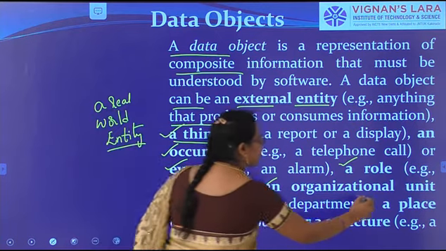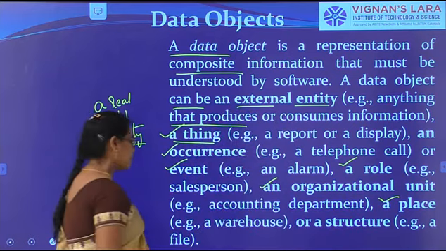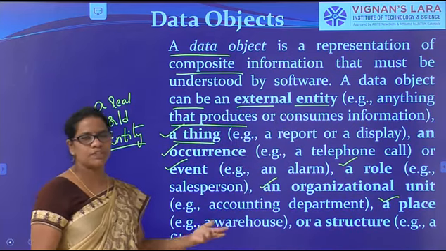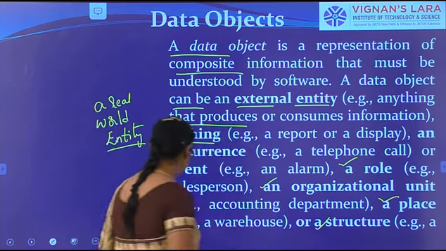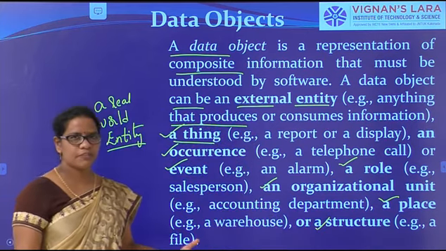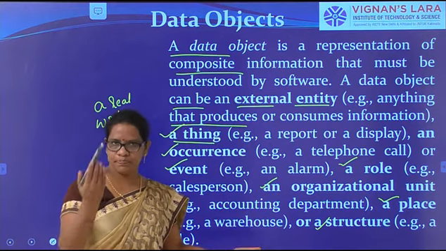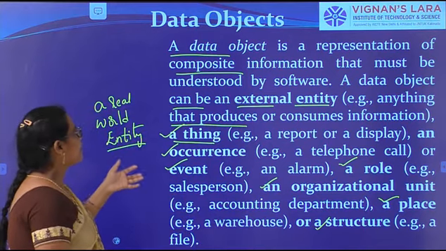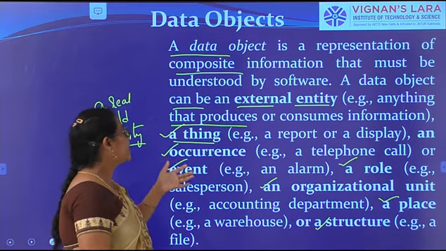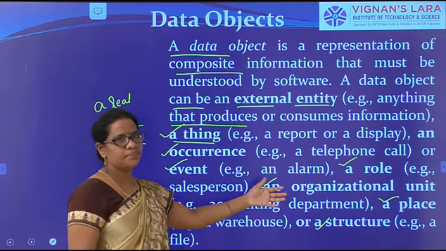Or a place; place means whatever the place it is. Or a structure. A structure is like a file or a table or a pen, whatever it is. So a data object can represent any of these.